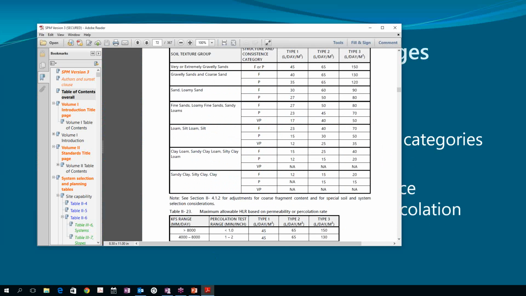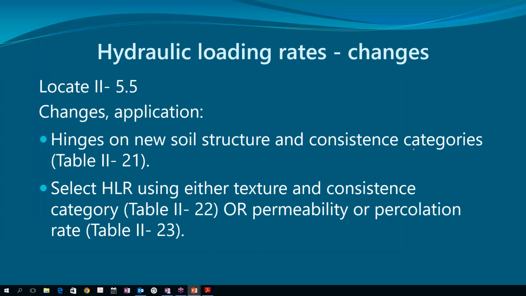So that's a pretty significant change. Certainly that soil structure and consistence category, favorable, poor, and very poor, is brand new, and the presentation is completely different. So since we now have to use that two-pronged approach, we better make sure we understand soil structure.